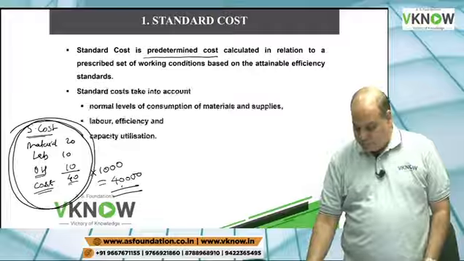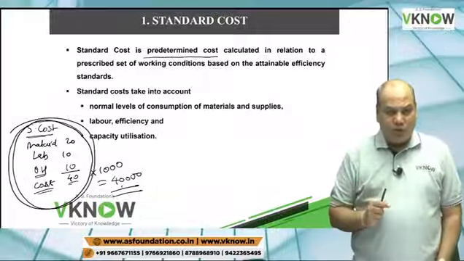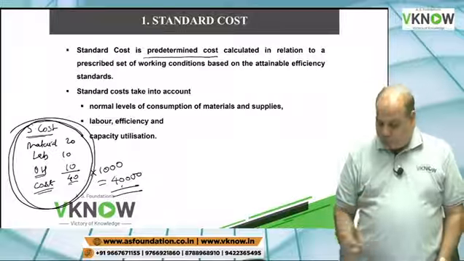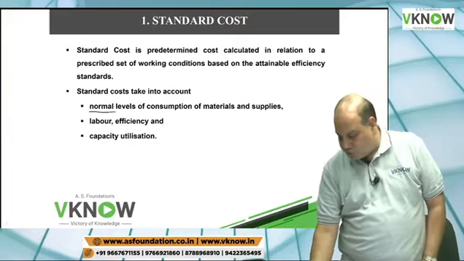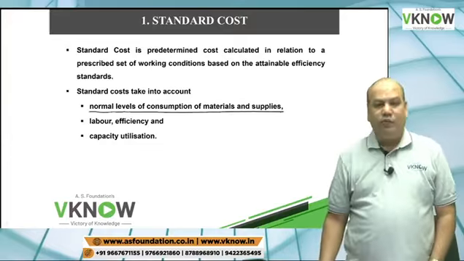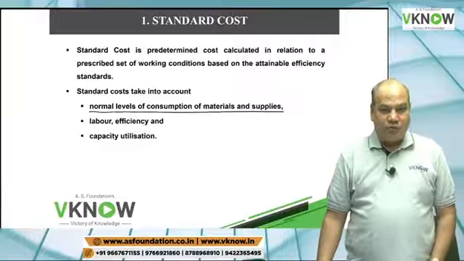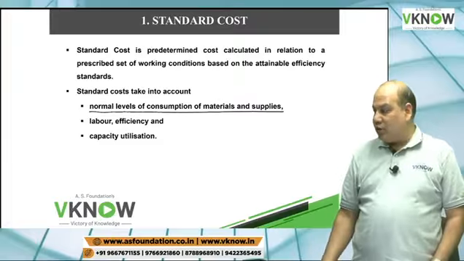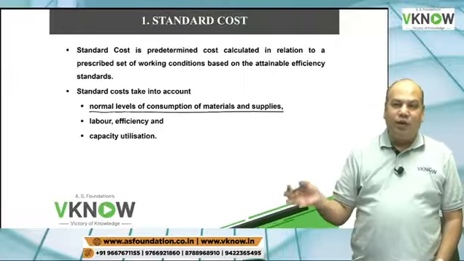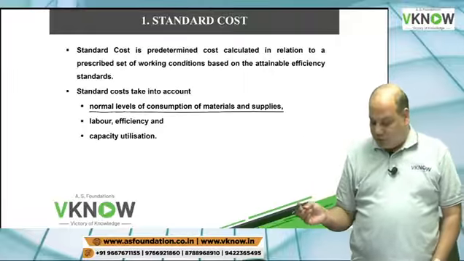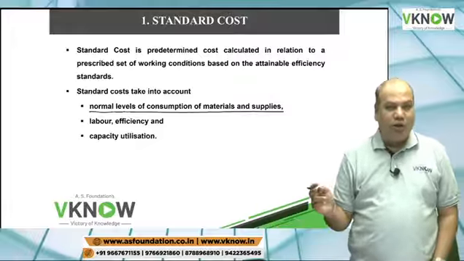But when you are using standard costing, you have to be careful about the following things. Standard cost should be based on normal level of consumption of material and supplies. So one has to take normal conditions, not something like a pandemic condition, not when the factory does not work for 6 months in a year, not when there is heavy inflation in material cost.